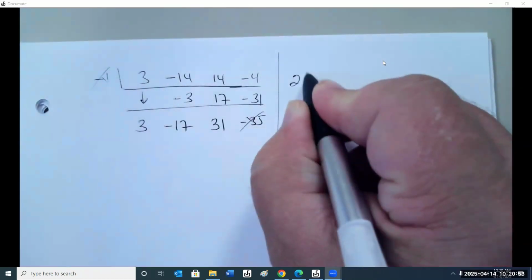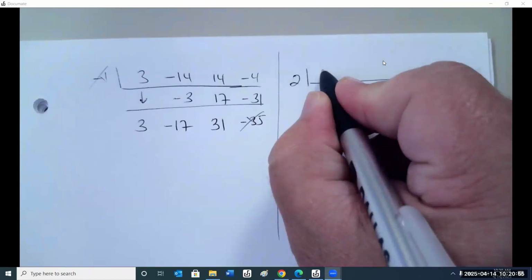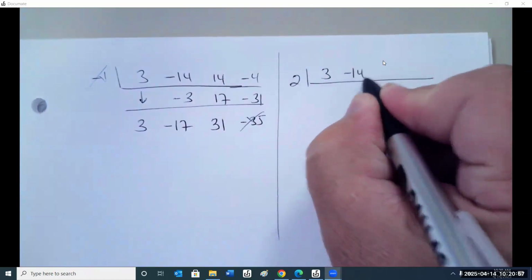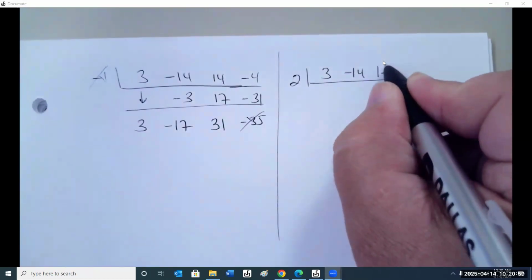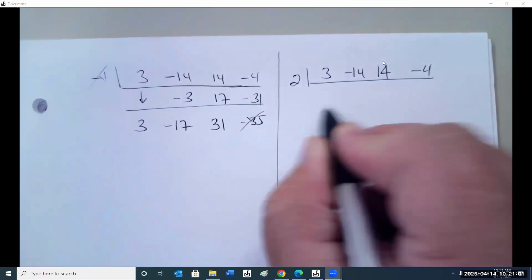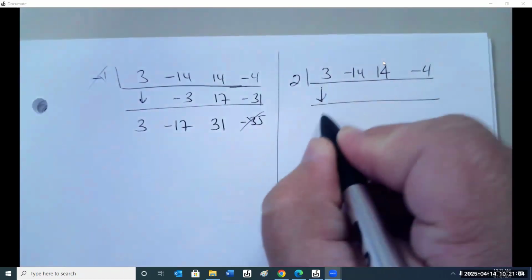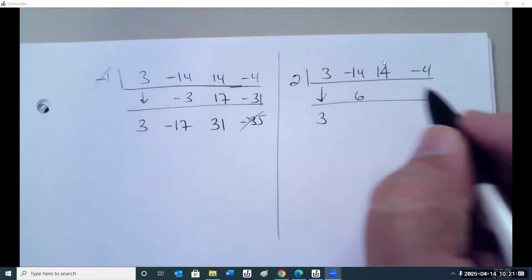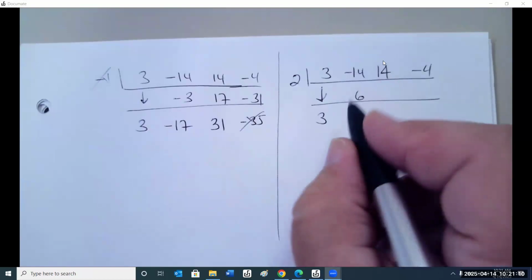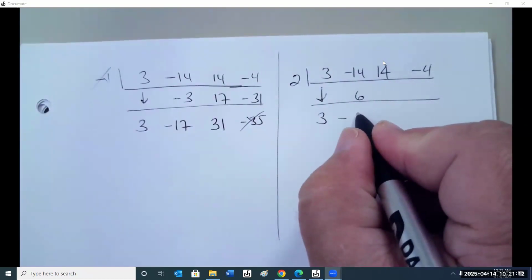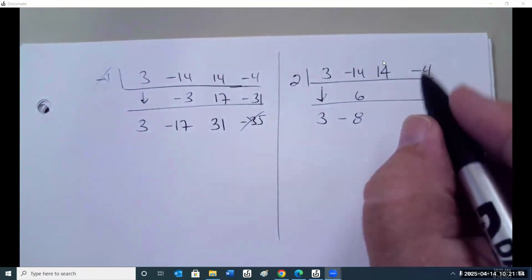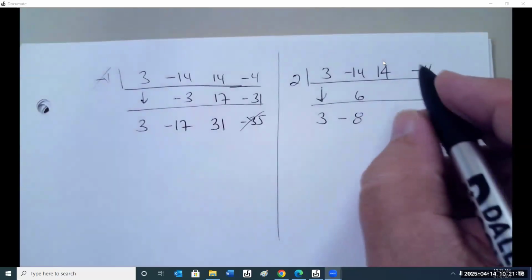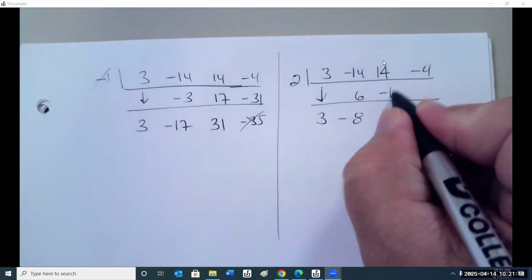So we try 2. 3, negative 14, 14, negative 4. 2 times 3 is 6. 14 minus 6 is 8. 2 times negative 8 is negative 16.